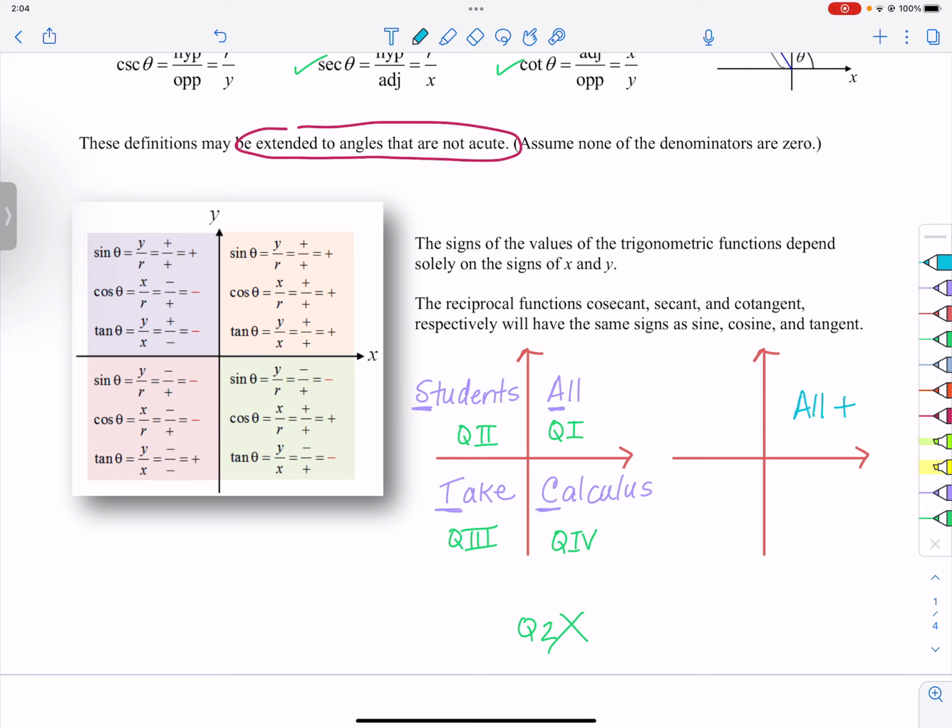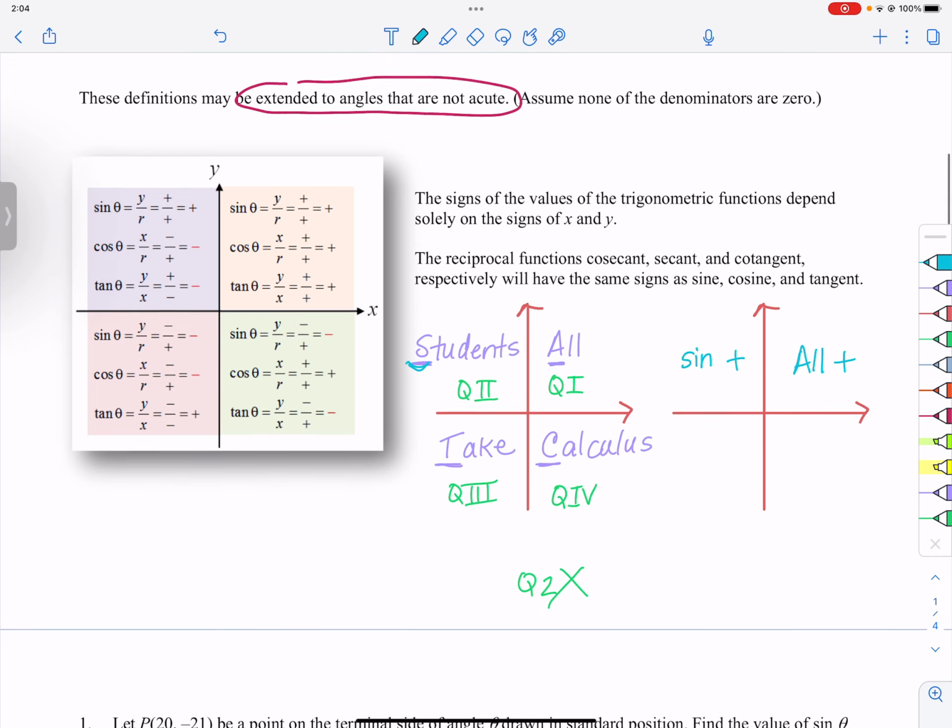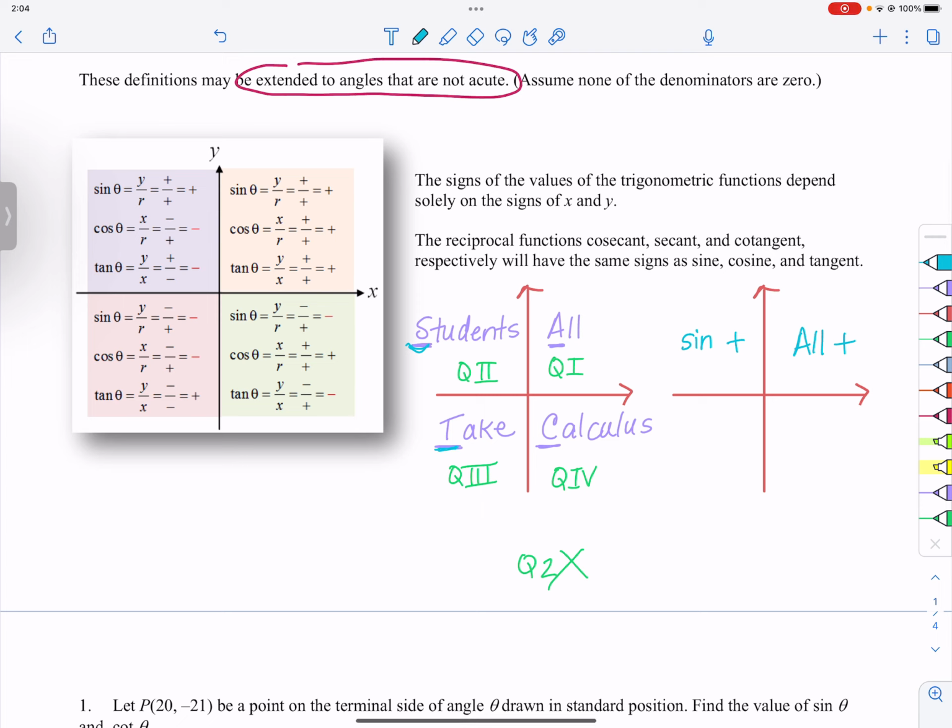Now, when you go to quadrant 2, look at the S, only the sine is positive. What do you look here? The take stands for the T, only the tangent is positive. And then going to quadrant 4, the C for calculus, you guessed it, cosine is positive.